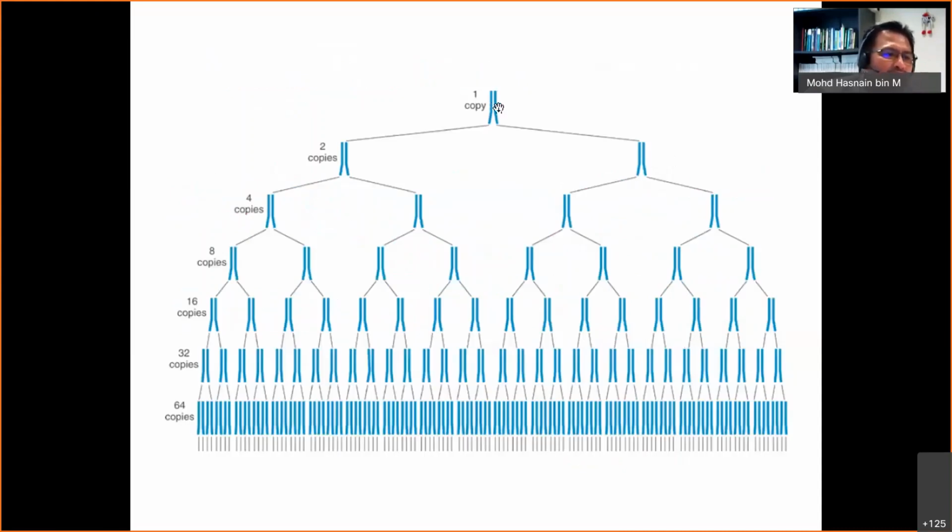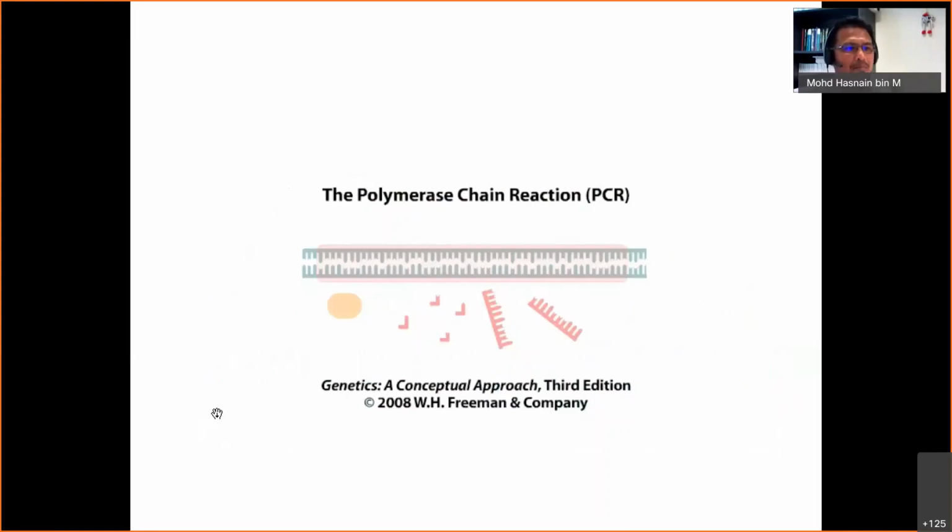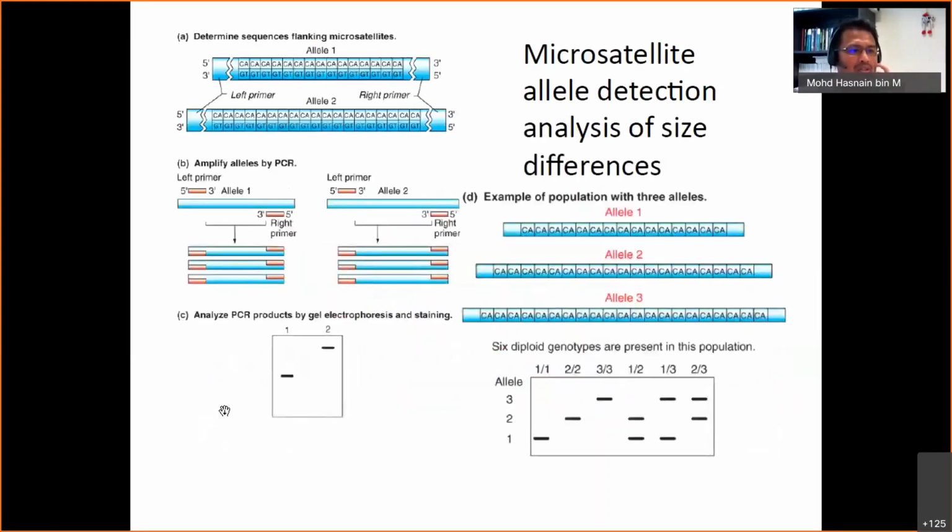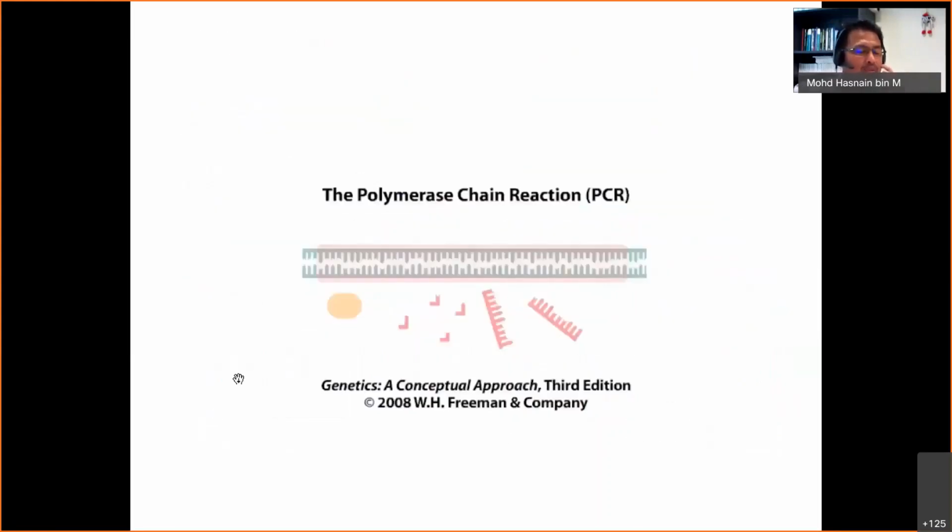From one copy originally, it becomes 2. 2 become templates, become 4. So 1, 2, 4, 8, and so on. So after 1 cycle, 2 cycles, 3 cycles, 4 cycles, 5, 6, until 30 cycles, you can have 1 million. Okay. So those amplifications, why do you do that?